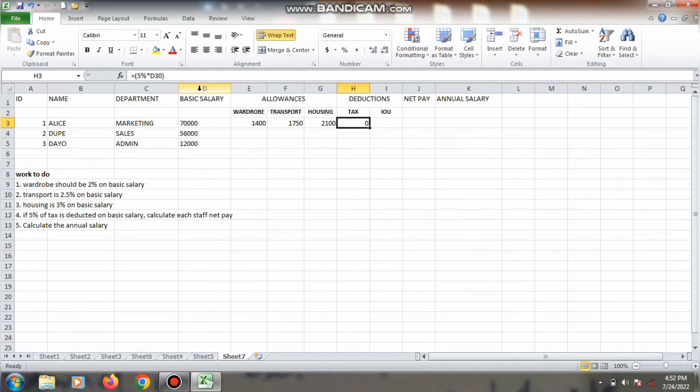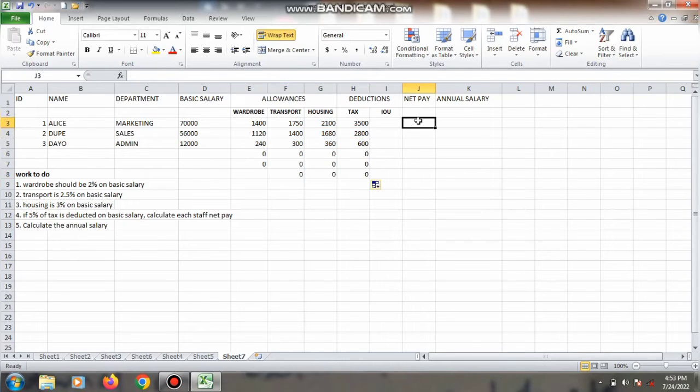So equals 5% multiplied by D3. Close your bracket. Yes, it gives me the answer. Thank you very much. With this, you can use your autofill to drag it down. So let me just select the range so that I don't waste my time, and my autofill will do it for me.